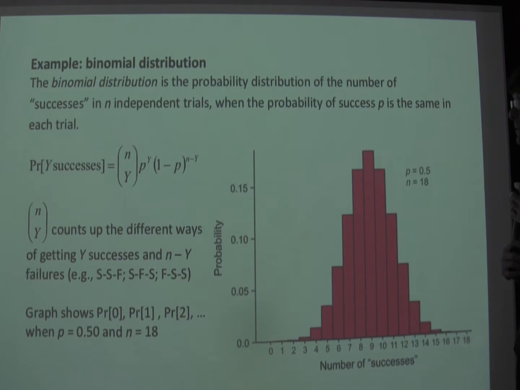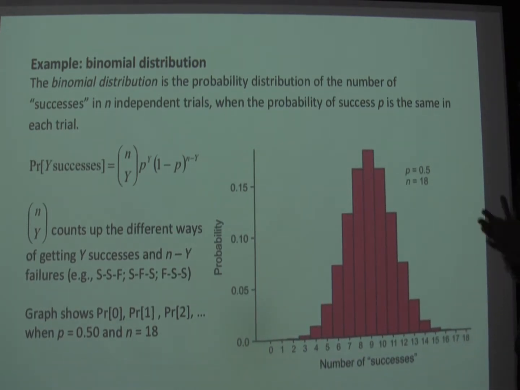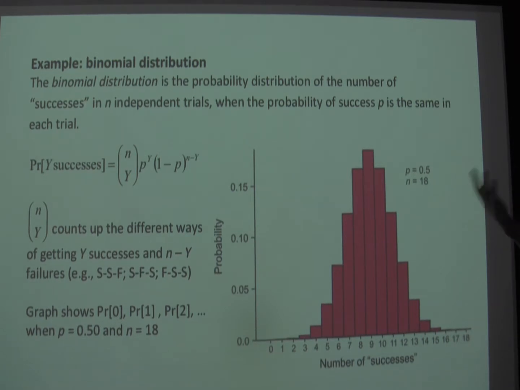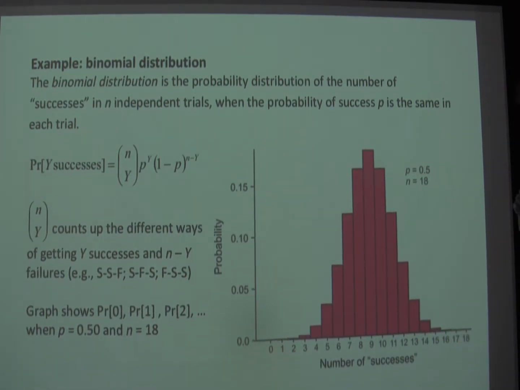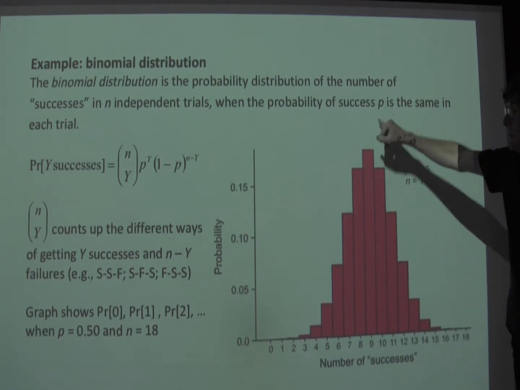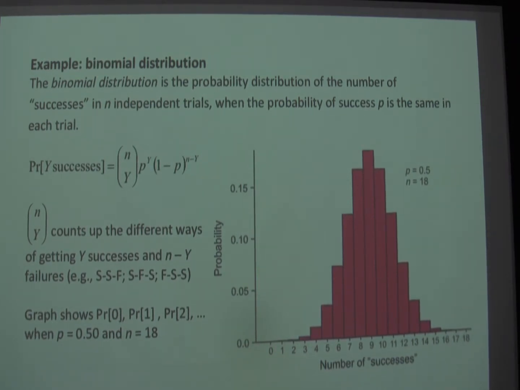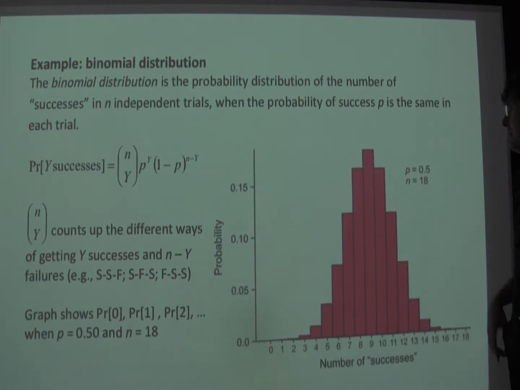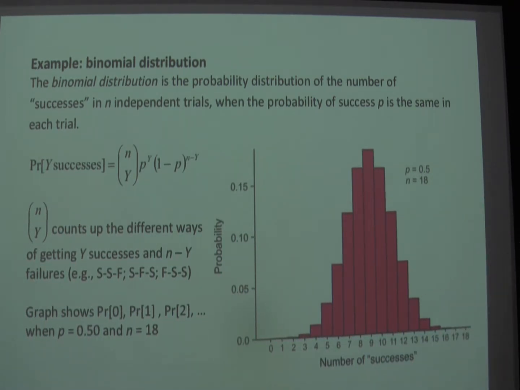The binomial distribution applies whenever you have independent trials. Each trial has only two outcomes, which we can call success and failure. And the probability of success is the same in every trial, and that's little p. So if those conditions are met, then the probability of y successes in n trials will follow a binomial distribution.